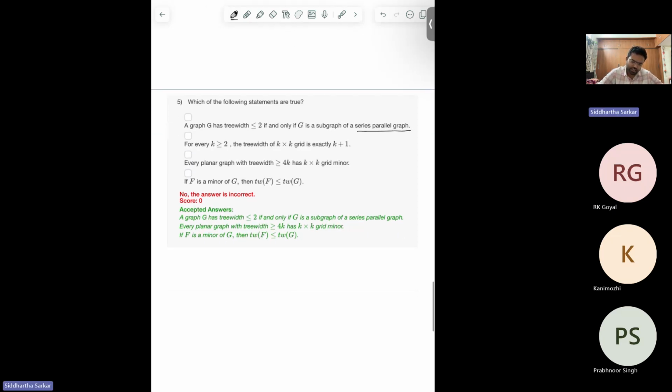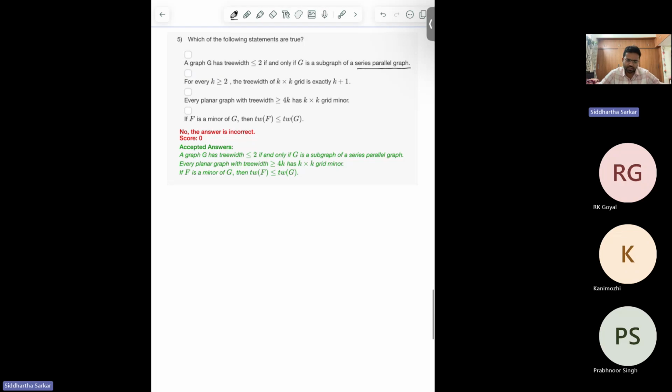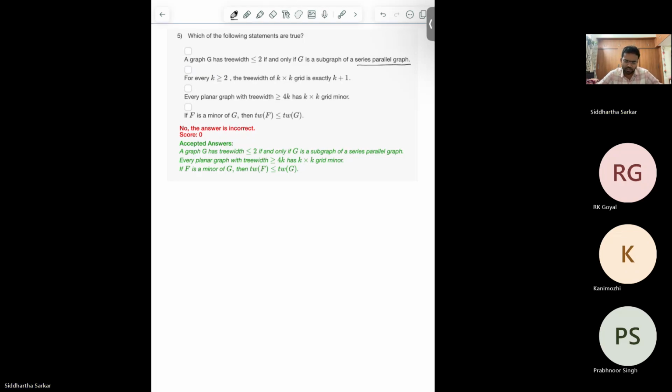Okay, so in the first option there is a term called series parallel graph. I will show you an example. You remember connecting resistors in series and connecting resistors in parallel, that kind of thing in electrical. So if the vertices are sort of like this, there are some parallel connections, but there is some series connection also.